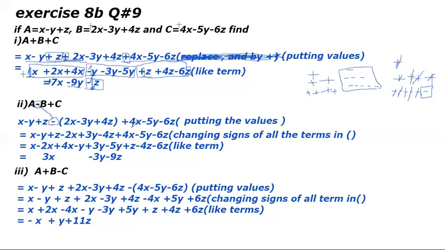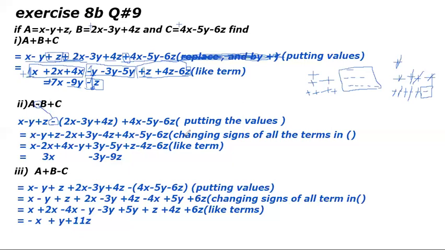There is no need to put this algebraic expression, 4x minus 5y minus 6x 6z, in the parentheses, because before this algebraic expression there is a positive sign, but we are putting 2x minus 3y plus 4z inside the parentheses because before this there is a negative sign. This is very important.